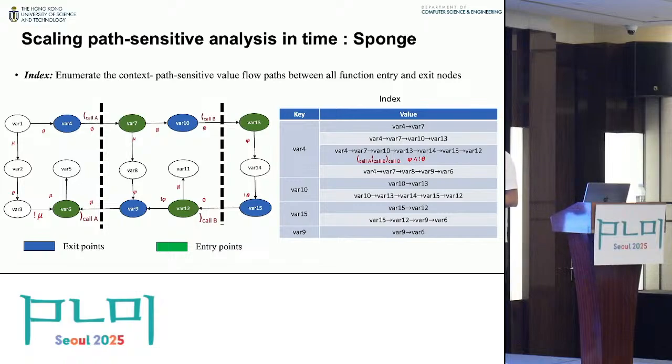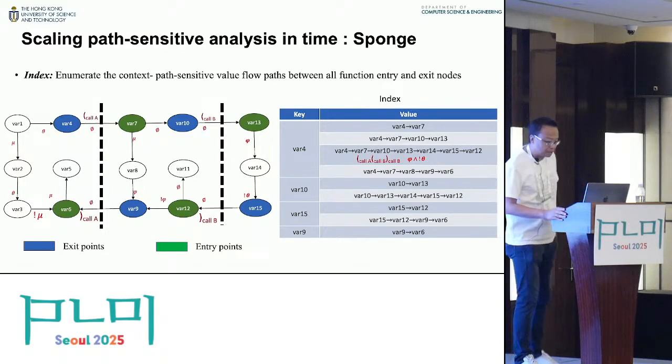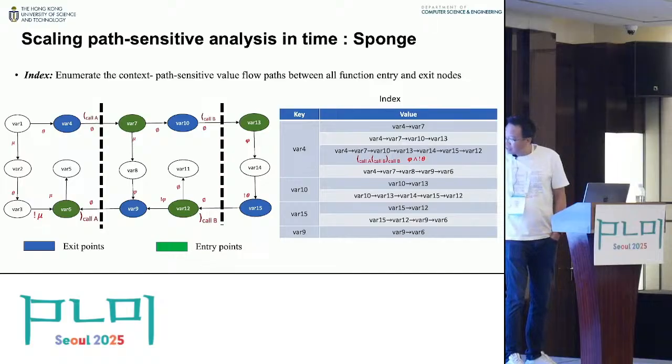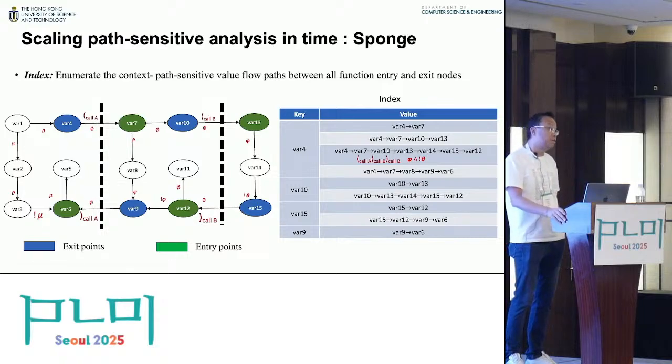Then from that, we compute the value flow paths, right? So for example, there's an entry point to a function. Let's compute all possible paths that can come back, okay? Of course, possible means that they have to satisfy the condition set, and they have to satisfy the CFL grammar, right?